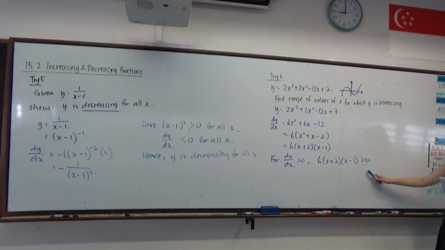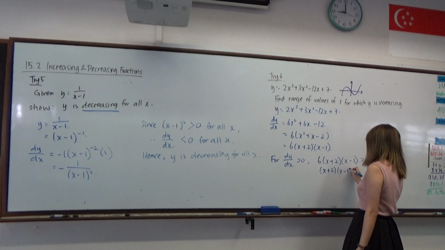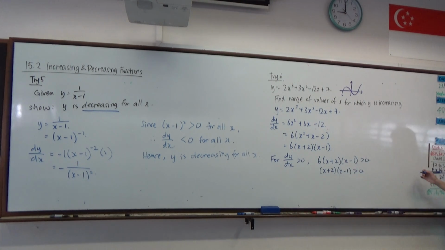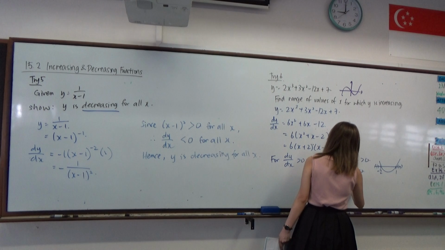So then after that, we will be looking at this part because I can divide the 6 away. How do we actually do quadratic inequalities? Do you remember? We need to draw the graph, right? Then down here negative 2, down here 1. More than 0, that means it's at the sides. So therefore, x is less than negative 2 or x is more than 1.